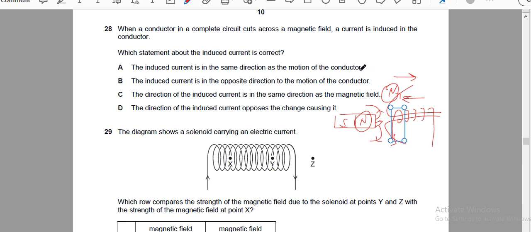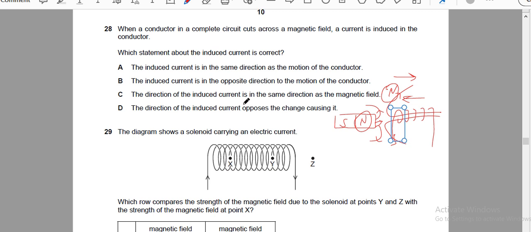But let me read the other options. Induced current is in opposite direction to motion of conductor. Direction of induced current is in the same direction as the magnetic field. Direction of induced current opposes the change causing it.